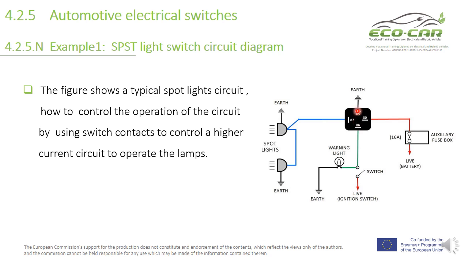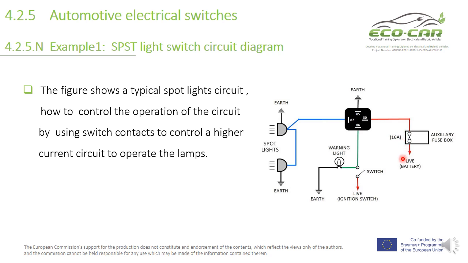The other pin is 85, connected to the ground, and terminal 87 connecting to the output, to the loads, and pin number 30 of the cutout is connecting to the fuse box to prevent any damage to the relay or the light, with a 16 ampere fuse.